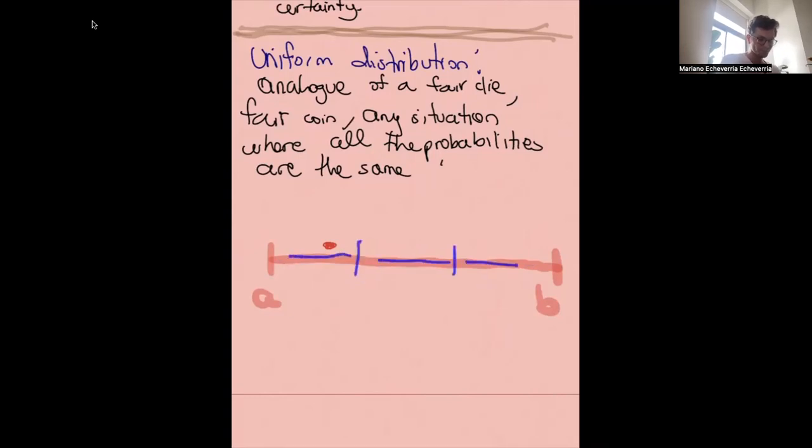So if you break the interval into 3 pieces, and each piece is of the same length, you would like to say that the probability for the particle to be in one of those intervals is 1/3. Okay, so the idea of the uniform distribution is just to make the probability of finding the particle on a particular interval proportional to the length of that interval.